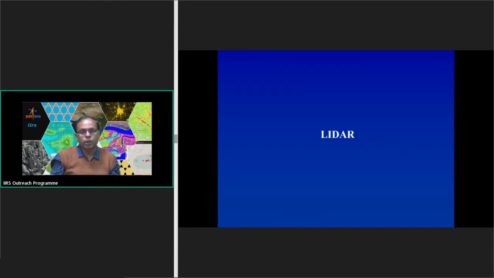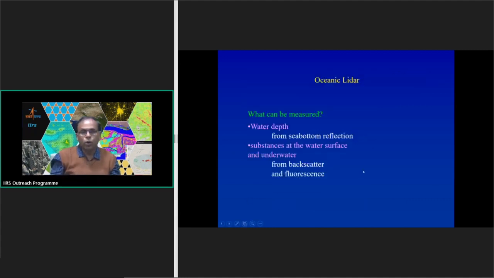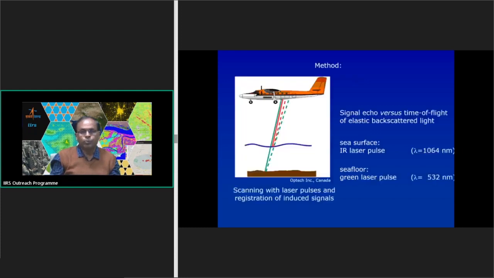And then comes the LiDAR data, which has a simple principle: it takes the speed of light and finds out the depth Z. So we can find out the water depth from two LiDAR wavelengths. One is the infrared wavelength region, which is 1064 nanometer.